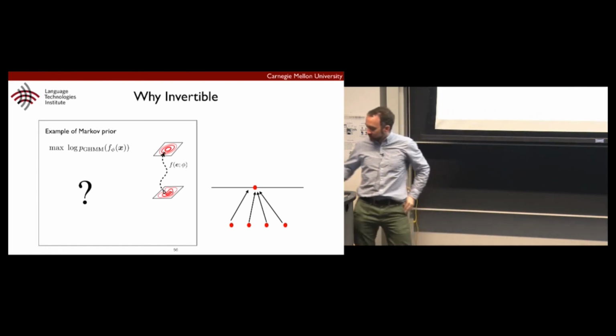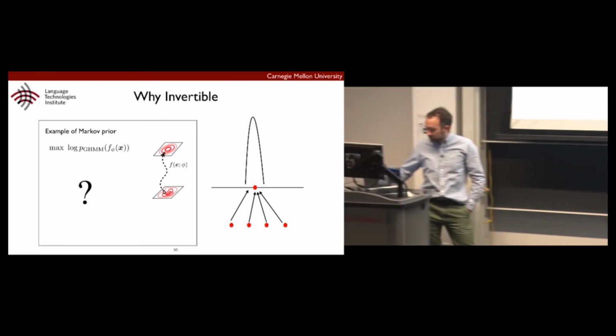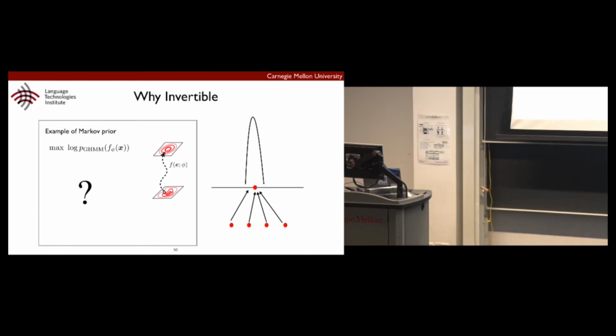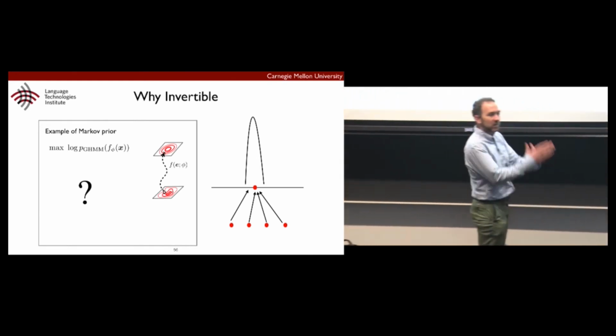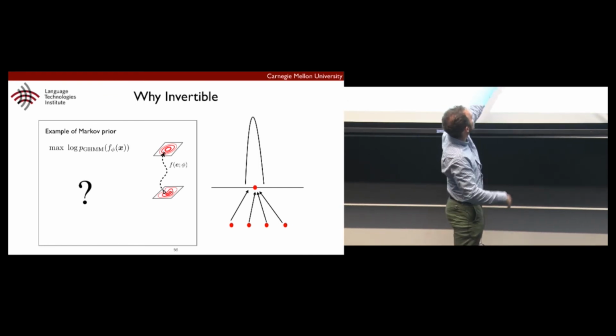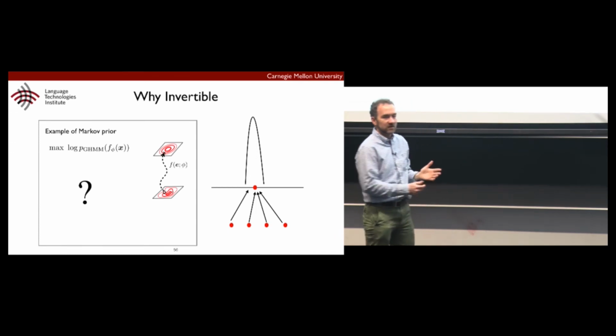The problem is that this basically gives us a degenerate solution where we take all of our word embeddings that we've observed anywhere, and we map them all to a zero vector. And then we define a Gaussian distribution with zero mean and zero variance over this mapped space. And this gives us essentially infinite likelihood.